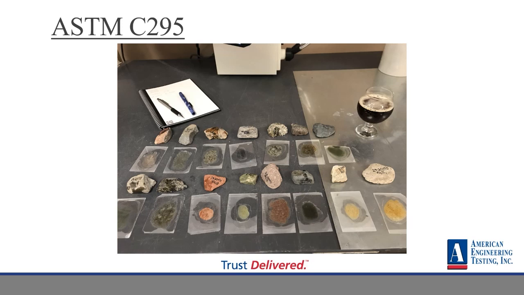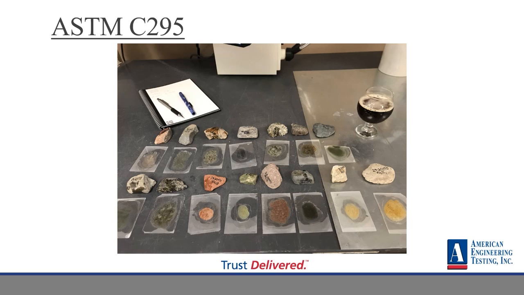And let's say I get a quarry of granite, I might only make 4 or 5 thin sections. So gravel is a little bit more intense just because there's a lot more lithologies present. Now, typically, a C295 is recommended every 3 to 5 years for aggregate producers.